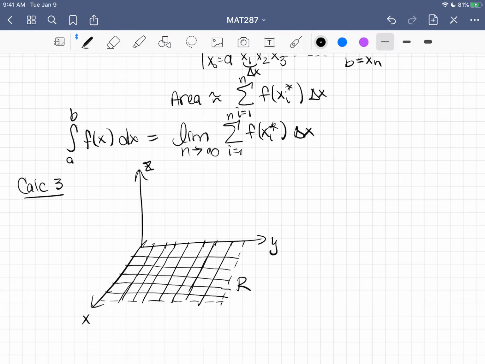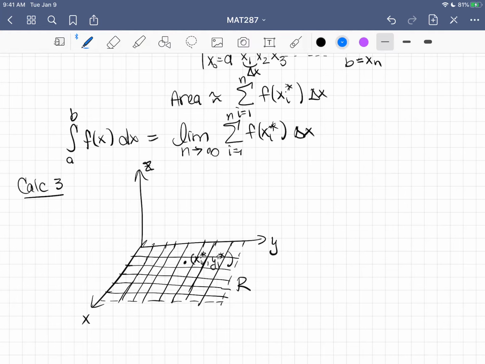And so I could pick a point inside each of these rectangular pieces. We'll call this xi star yj star. And that's going to be the point over which I want to evaluate my surface.